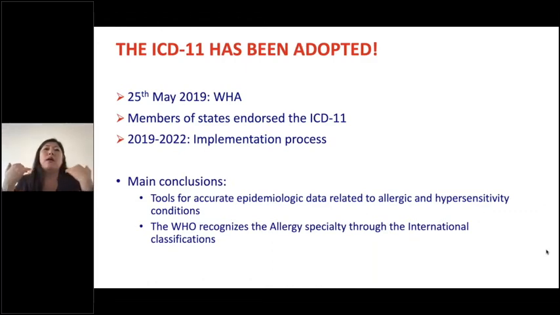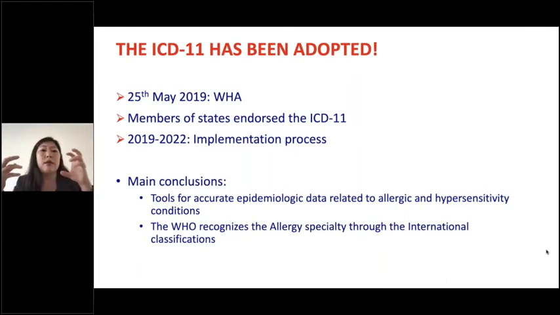So for now, we are working on the implementation process, and of course, the deadline established by the WHO is 2022. However, it depends on the health systems and the possibility of adapting the system to the new classification.